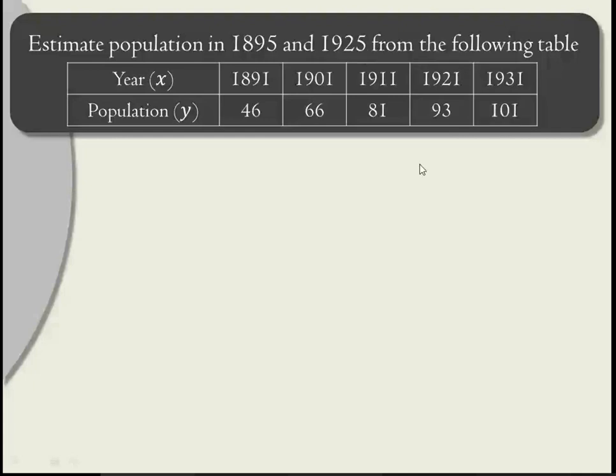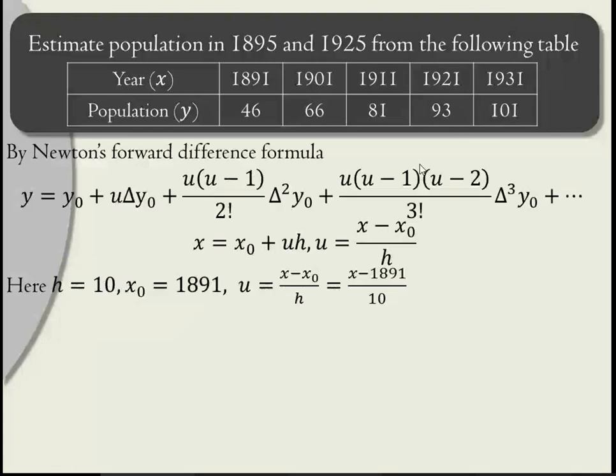So I'm just writing the formulas. Forward difference formula is y is equal to y naught plus u into delta y naught plus u into u minus 1 by 2 factorial delta square y naught plus u into u minus 1 into u minus 2 by 3 factorial delta cube y naught plus dot dot dot. X will be x naught plus uh.